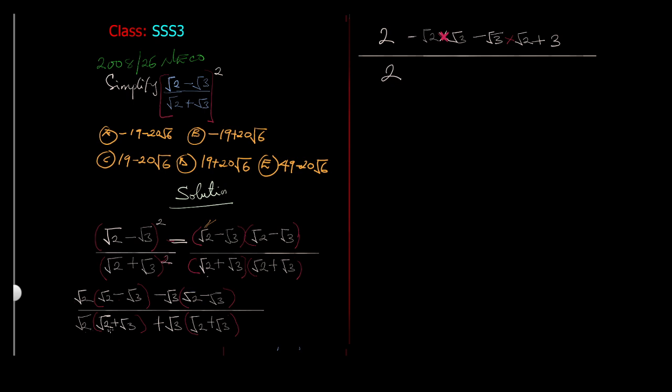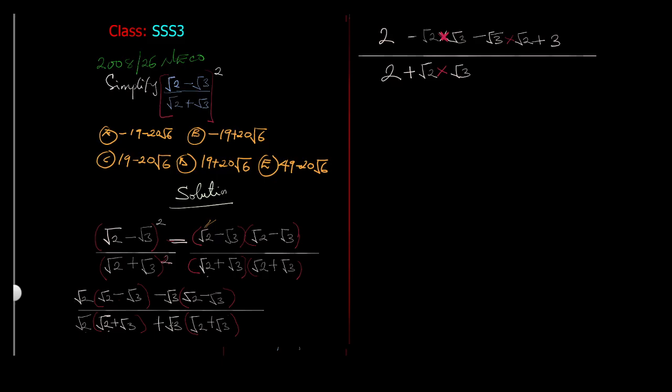Square root of 3 times square root of 3, we can't have it, so we're going to write it out. Now it's going to be a plus sign, plus square root of 2 times square root of 3. We are done with that part. The next part we are going for will be this.